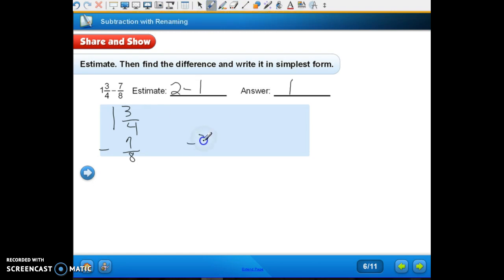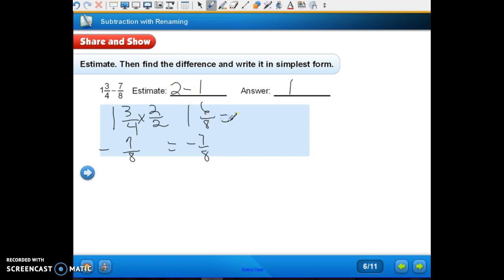Now we've got to do something with 3/4. What am I going to multiply 3/4 by? 2. We're going to keep our whole number at this point, and we're going to multiply this times 2. So 6/8. Now, if I have 6/8, can I take away 7/8? No. So now we're going to have to rename this 6/8, or 1 6/8.